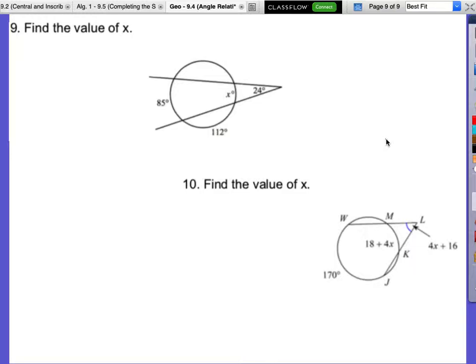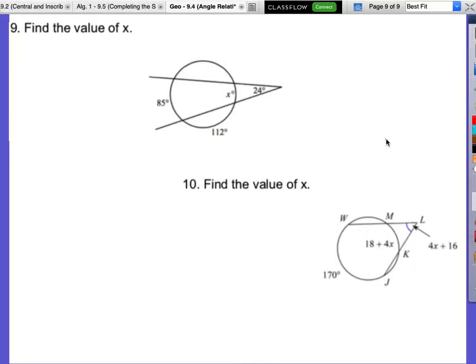I got it, Mr. Costa. Is 112 one of these two arcs intercepted? 85 minus x. You're so stupid.